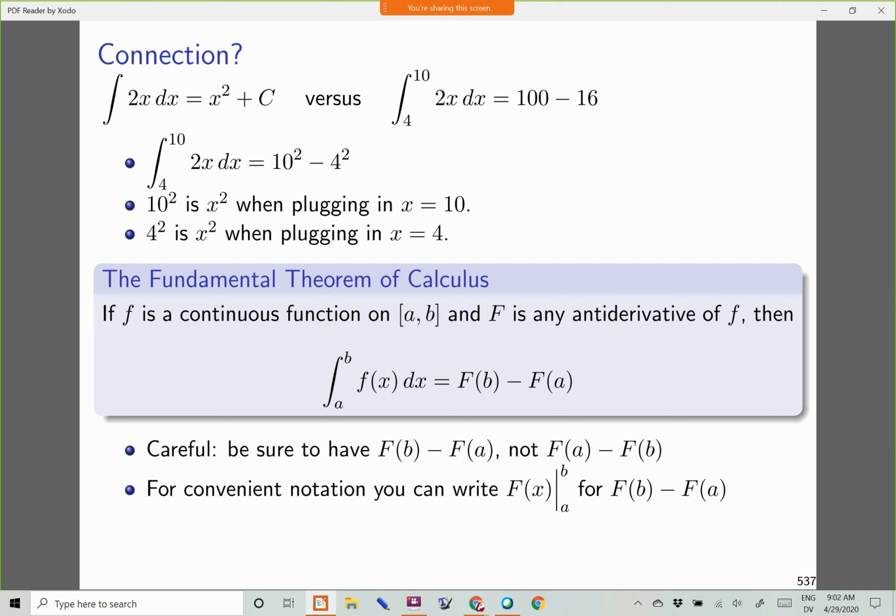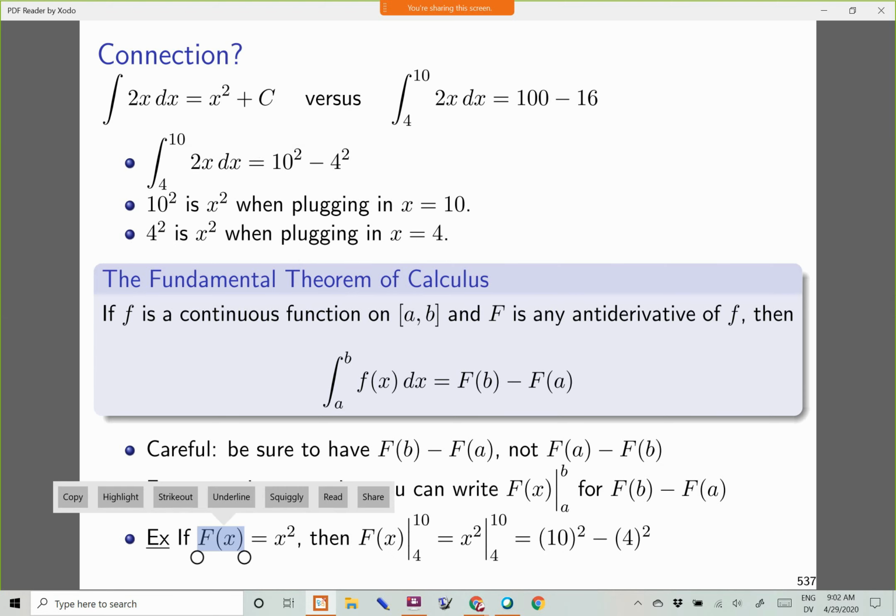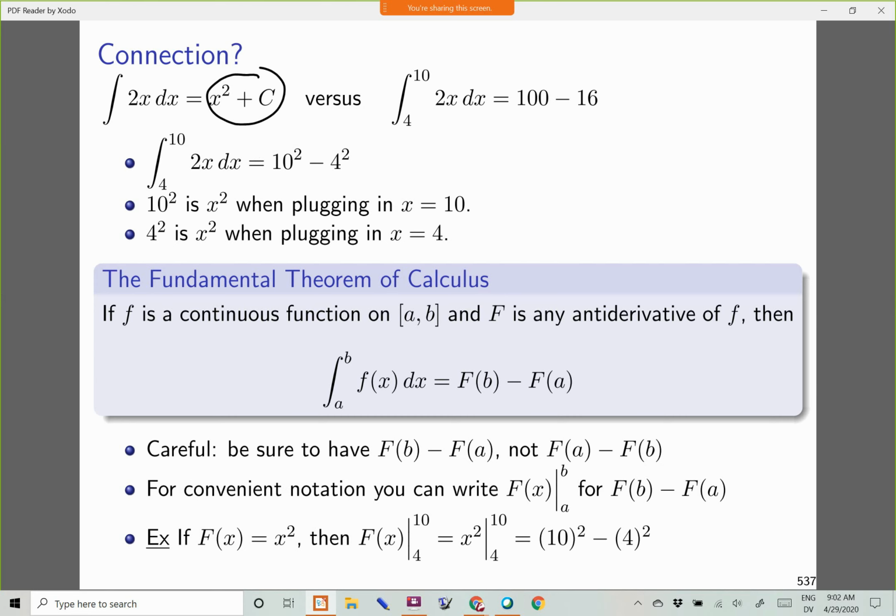Just so that we can already start practicing this notation though, let's continue with this example. If, for instance, you had capital F, and I'm picking an antiderivative, x squared. So here are all your antiderivatives: x squared plus 2, x squared plus 12, x squared plus 38. But if you plug in c as 0, that's a specific antiderivative. It says any antiderivative, so I'm using capital F of x equals x squared.